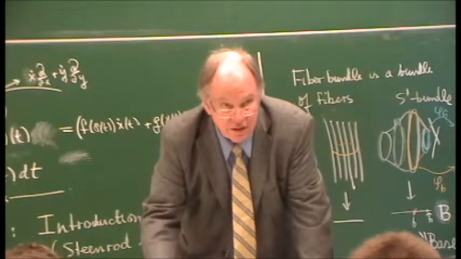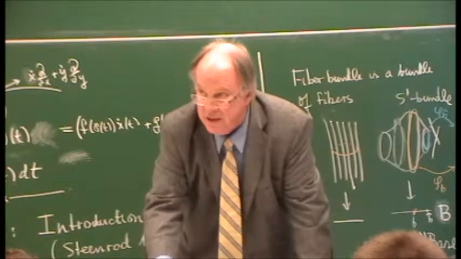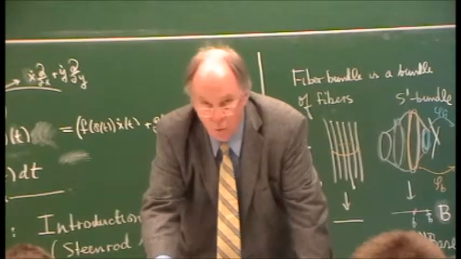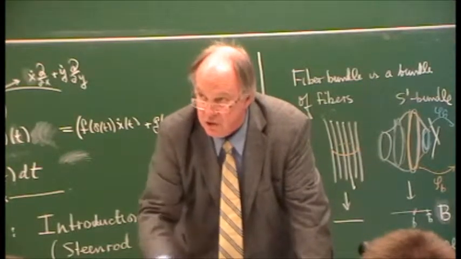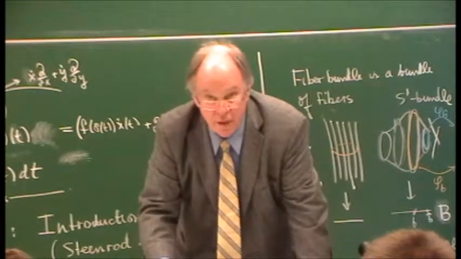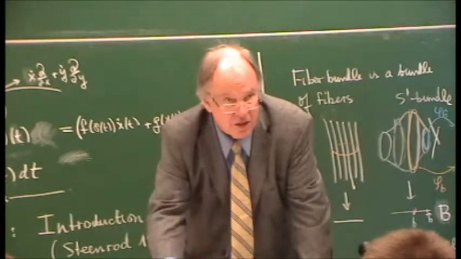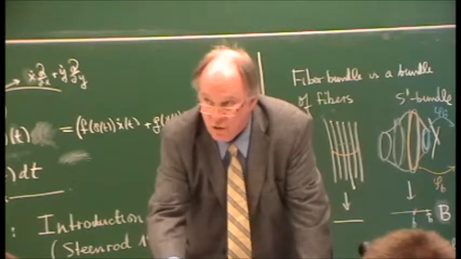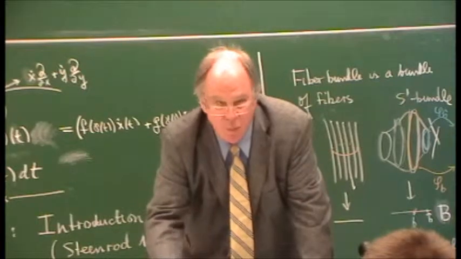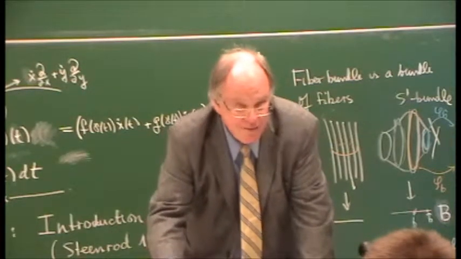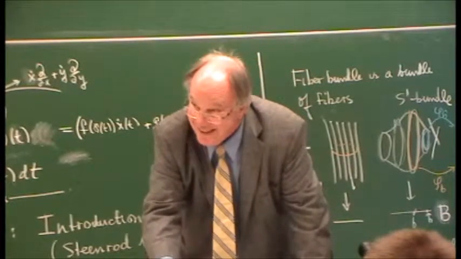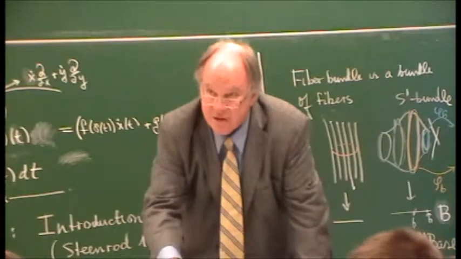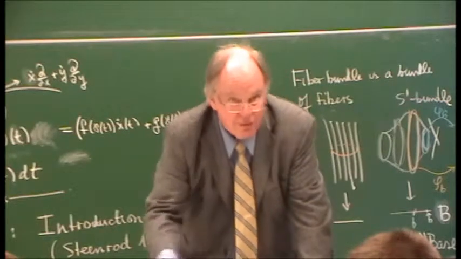Instead of considering this huge space of vector fields, we are going to consider a vector bundle, a geometric object associated to the manifold. Instead of considering the space of all these one forms with all these indices, we're going to understand the cotangent bundle. It's a canonically associated object to the manifold.